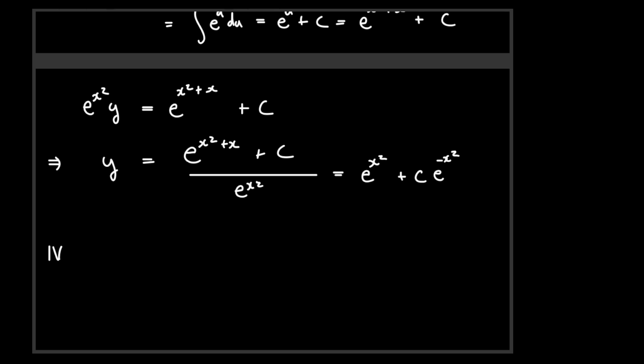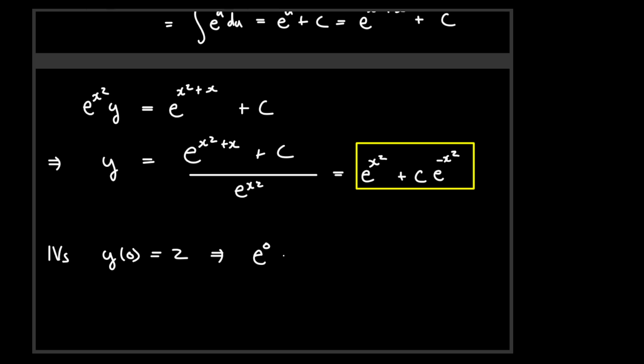So the initial value, y of 0 equal to 2, gives us some more information. If all such y look like this, then when we plug in 0, we get the following equation. y of 0 is of course e to the 0 squared, which is 1, plus c times e to the negative 0 squared, which is also 1. This must be equal to 2.